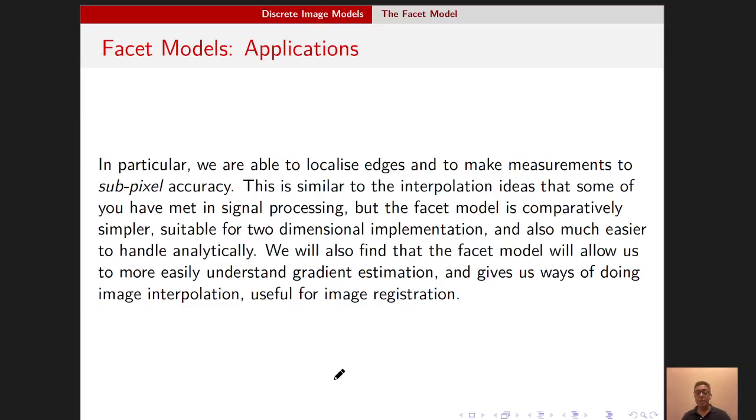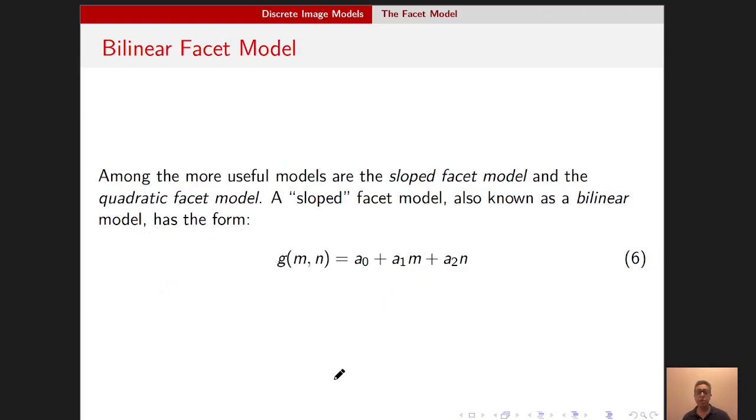In that case, you can use that both to localize edges and also to localize centers of regions to sub-pixel accuracy. We're going to get a better view of that as we go into chapter 4 or chapter 5. But let's start off with the bilinear facet model to begin with.